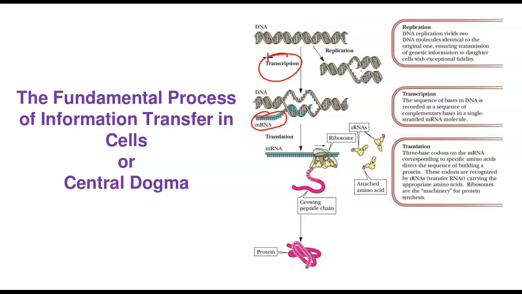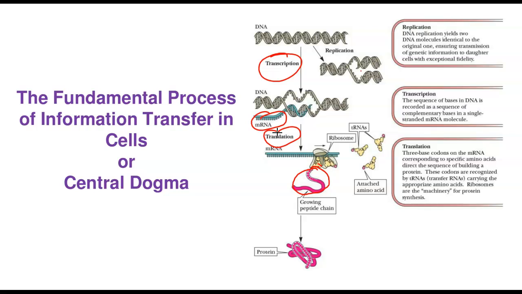And then messenger RNA can be translated to produce polypeptides or proteins. Long polypeptide proteins can be produced from the information they get from this DNA. And this process of converting from mRNA to proteins is what we call what? The translation. So these 3 pathways are what we call the central dogma of molecular biology, of information transfer.